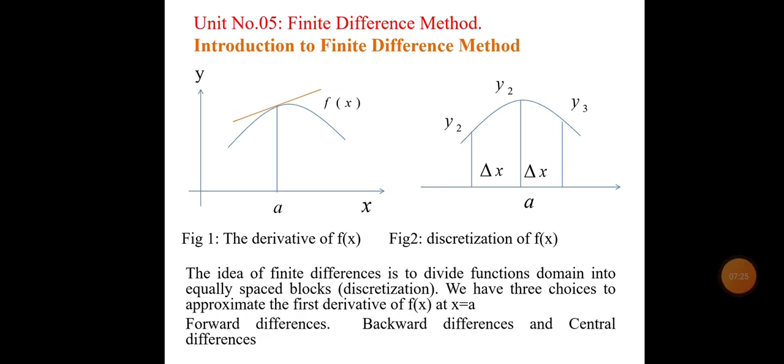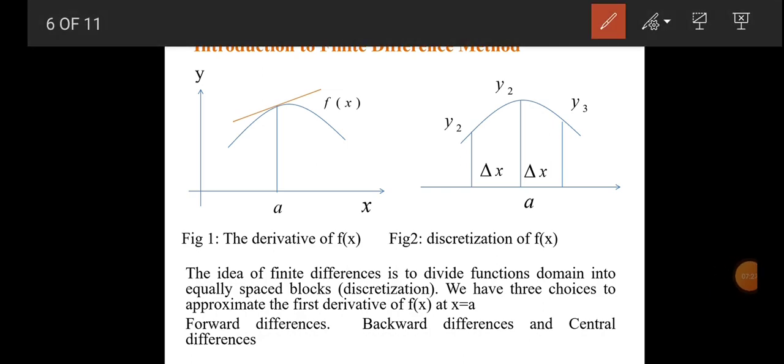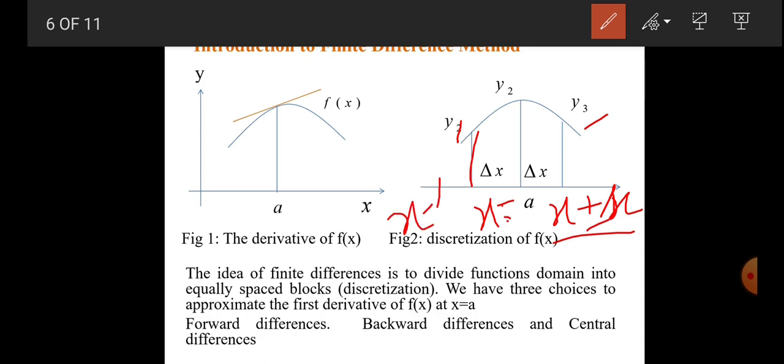Now here is y3. The corresponding value of x for y3, if this point a means x, will be x plus del x, and the corresponding value of x for y1 will be x minus del x.